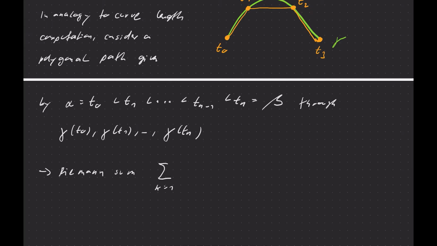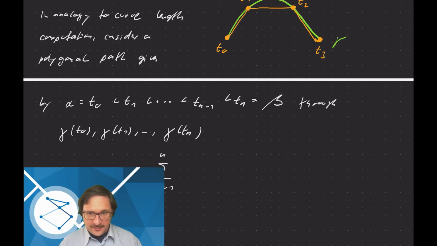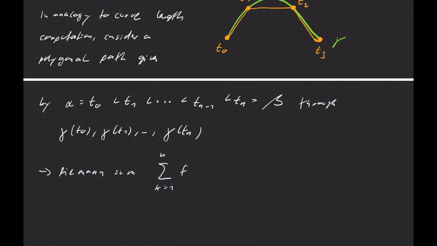So we again start with k at 1, sum up to n. The length of that polygonal section, of course, is again important. And we just multiply that with a function value. For Riemann sums, we can either take lower Riemann sums or upper Riemann sums, or anything in between is actually fine as well. So let's just say we consider a suitable point in that interval. It's not that important which point we choose here, okay? So we choose a point in that interval and evaluate f on that point.